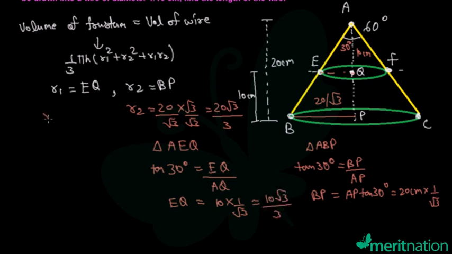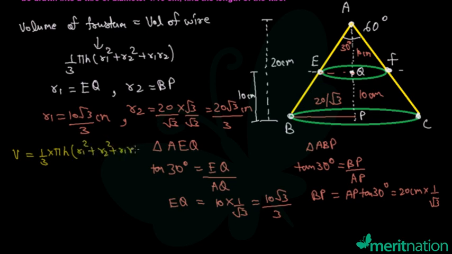So now we got both the values. R1 is equal to 10 root 3 by 3 centimeters, R2 is equal to 20 root 3 by 3 centimeters, and the height of the frustum is equal to 10 centimeters. Now we can easily find the volume of the frustum. Volume would be equal to 1/3 pi h (r1 square plus r2 square plus r1 r2). Let's substitute all the values. 1/3 pi, height is 10 centimeters, so into 10.